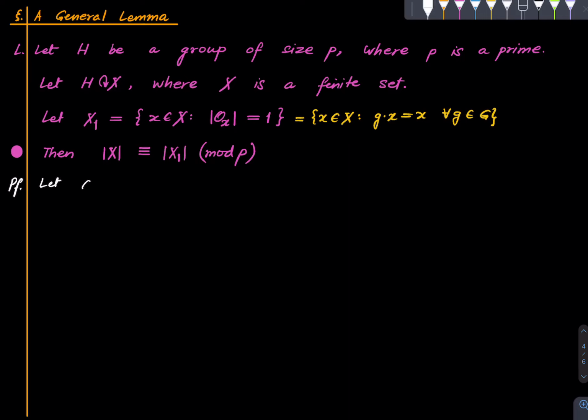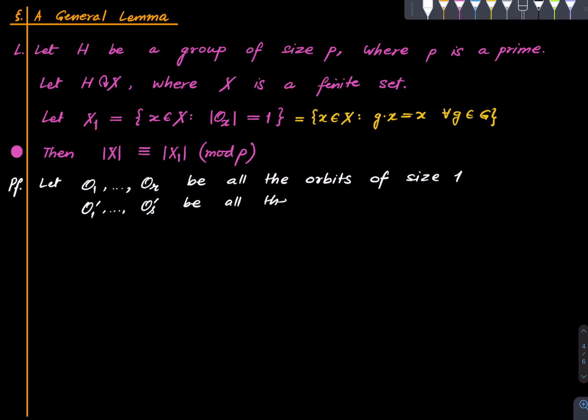So let O1 up to OR be all the orbits of size 1, and O1 prime up to OS prime be all the orbits of size P. There are only two types of orbits, those with size 1 and those with size P. So we write them down, we enumerate them.